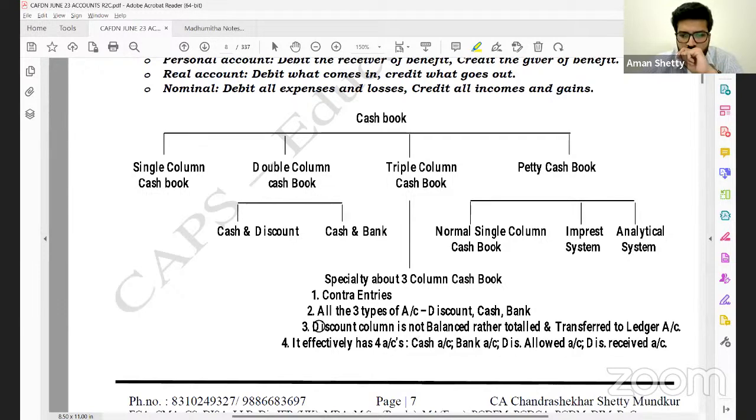The discount column is not balanced, rather totaled and transferred to the ledger account. It effectively has four accounts: cash account, bank account, discount allowed account, discount received account. Petty cash book: normal single column cash book, imprest system, analytical system. That's it.